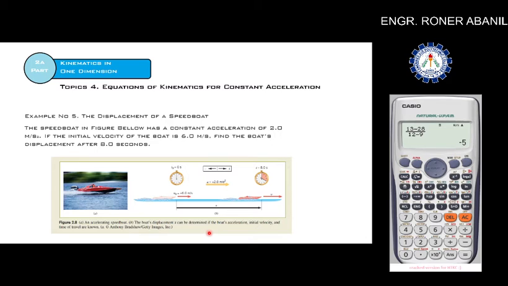So, example number 5, the speedboat in the figure below has a constant acceleration of 2.0 meter per second squared. If the initial velocity of the boat is 6 meter per second, find the boat's displacement after 8.0 seconds. Yan.